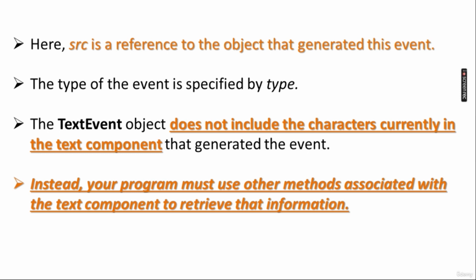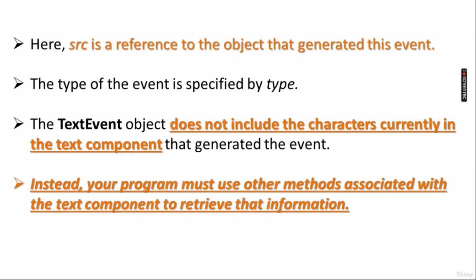So I have to edit that text. Whenever I am editing that text, then only the text event will be generated because I am modifying that particular text. The default text value I give before entering any new value will not generate any type of text event. In your program you must use other methods associated with the text component to retrieve that particular information.